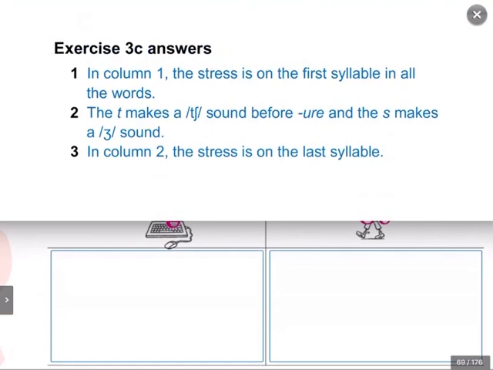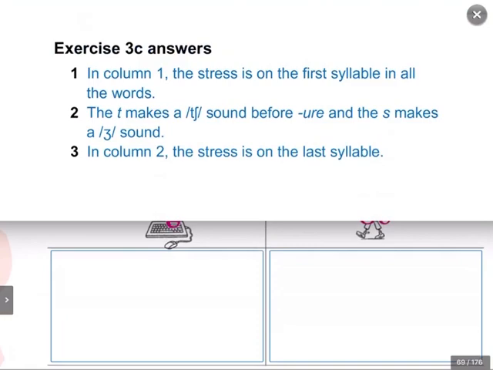In group 1, all of the words have the schwa, picture, architecture, because none of them have the stress on the U-R-E syllable. That's a general rule of the schwa, which is useful to know: it's never found in stressed syllables.